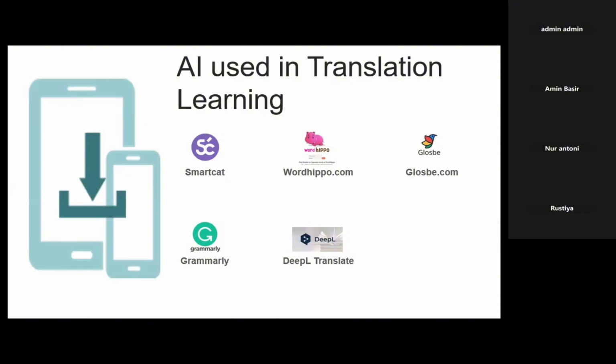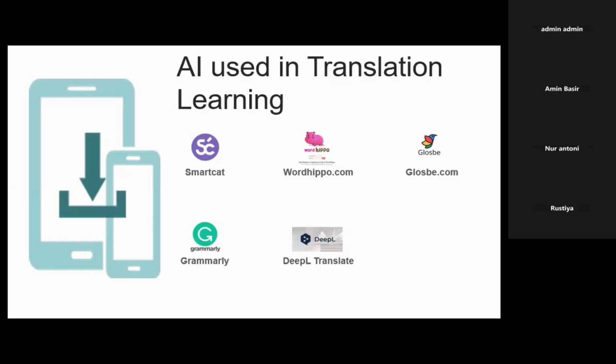And there will be some warnings and information if there are some words that mismatch. SmartCat has been used in our classroom previously.